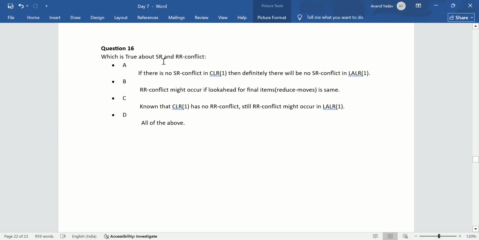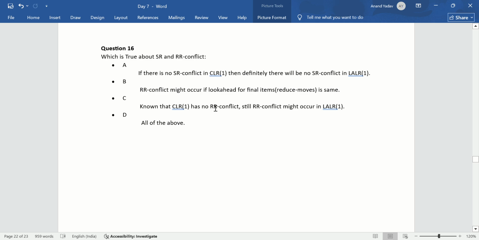Now next one is which is true about SR and RR conflict. If there is no SR conflict in CLR, then definitely there will be no SR conflict in LALR. This is true. If there is no SR conflict in SLR, then there is no SR conflict in LALR. RR conflict might occur if the look ahead for final item reduce moves is the same.